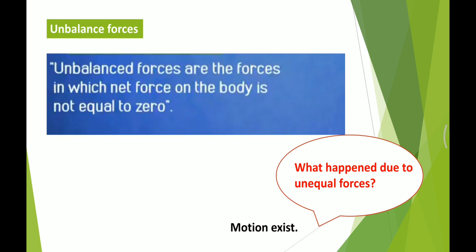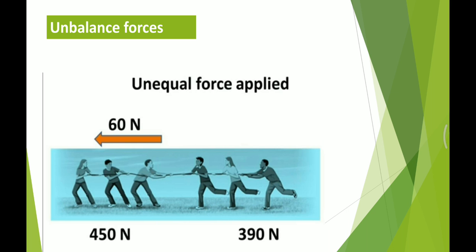In this picture, you can see that there are two teams pulling the rope towards each other. The left hand side team is exerting a pulling force of 450 Newton and the right hand side team is exerting a force of 390 Newton.